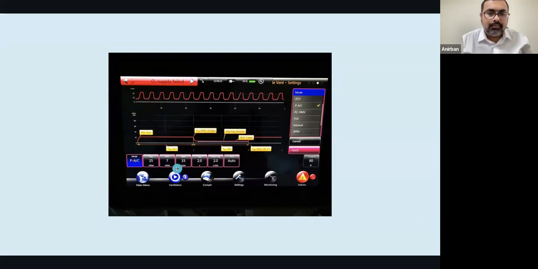So the ventilator will maintain 7 centimeters of water airway pressure during expiration, and during inspiration it will maintain 7 plus 15, 22 centimeters of water. Then again during expiration it will come down to 7. So this is pressure control. Tidal volume in this case is a function of this pressure difference and the compliance and resistance of the lung.